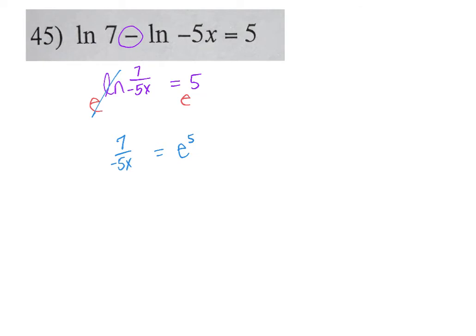Now remember, when what you're solving for is on bottom, you can reciprocate both sides. So this is the same thing as negative 5 over 7x equals 1 over e to the 5th. And then you can multiply both sides by that negative 7/5. So in your calculator, you can really say negative 7 divided by e to the 5th times 5.